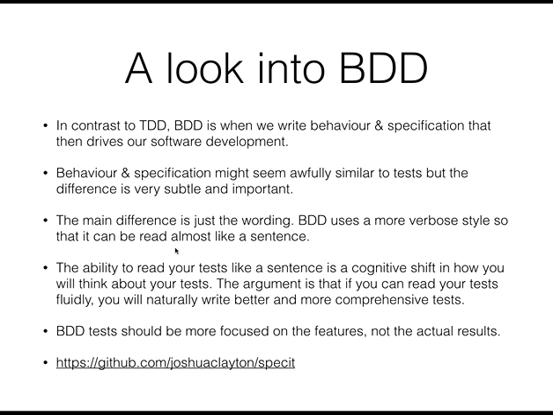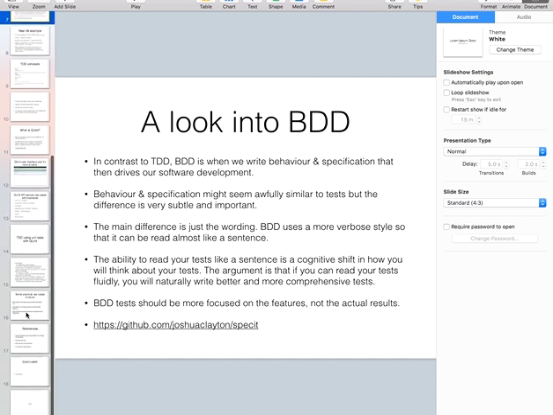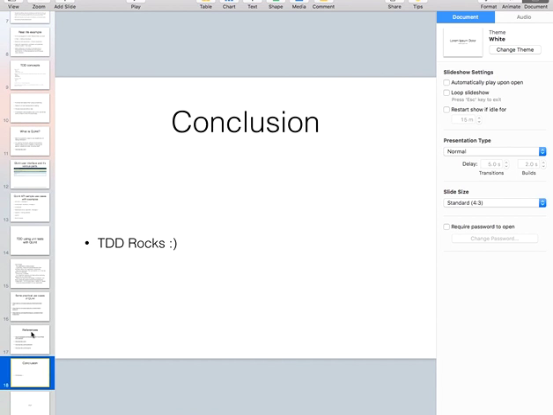I think for the granular level, we can go with TDD. And for the larger goal, we can go with BDD, for larger, more detailed, business-specific goals. So in conclusion, I think TDD is good.